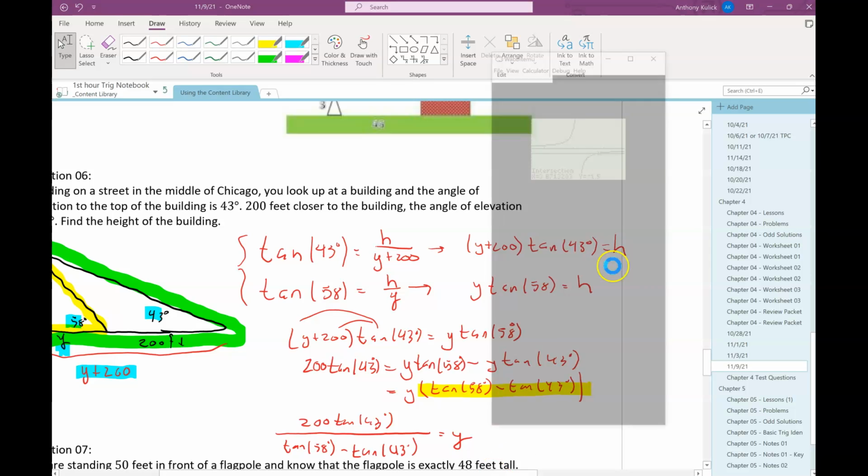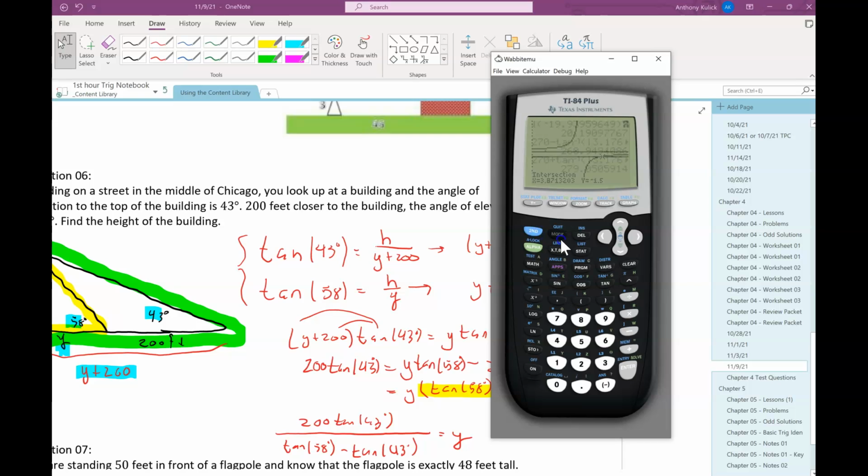So I go to my calculator, and I'm going to use the fraction command so I can type this in the way it looks. Because if I don't, I have to use like 100 parentheses and it gets pretty ugly. Then I'm going to check real quick to make sure I'm in degree mode, since the angles are measured in degrees.